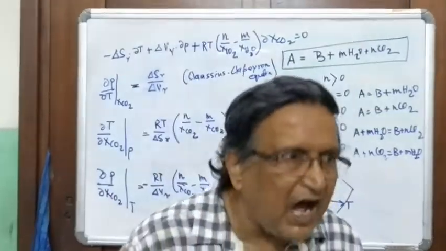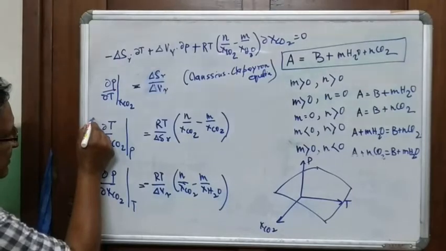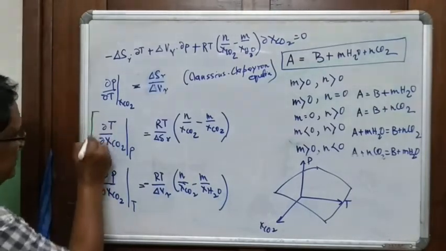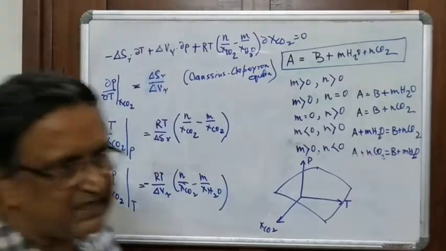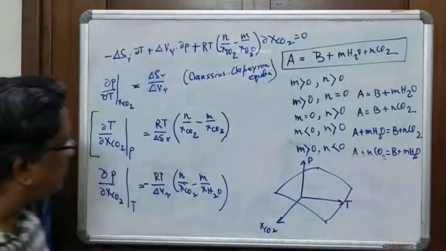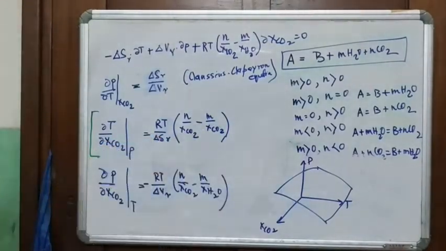So what is important for us is this diagram here. What we are looking at is del T by del X CO2. How do temperature and X CO2 vary at constant pressure? And this is our equation for progressive metamorphism.